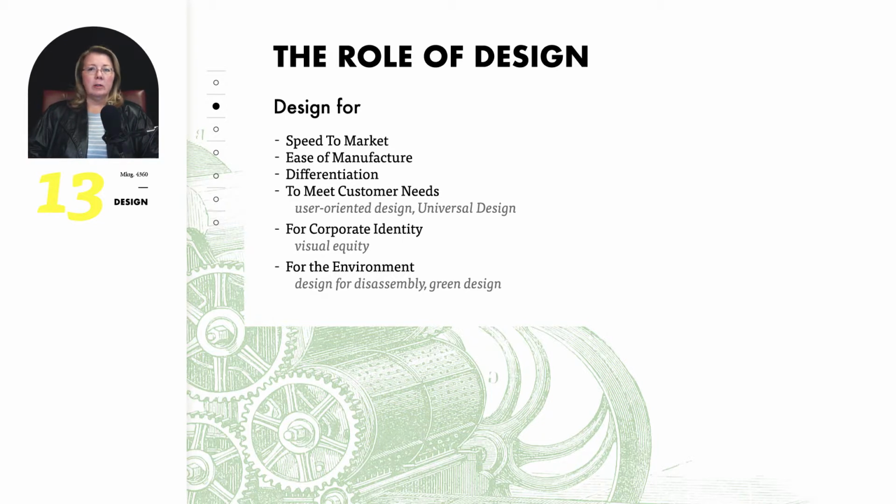They're not using a lot of packaging that's excessive and doesn't need to be there. But also they want products that will be recyclable, or that once you're done with them, they're not just going to go into a landfill and damage the water supply and things like that. So understand those terms, design for disassembly and green design. So that's the final role of design covered in the textbook.